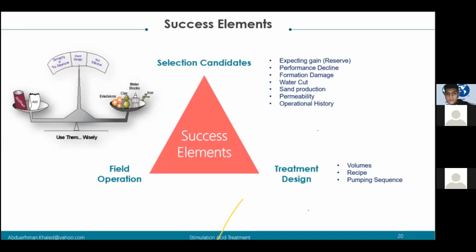Another additive that we use is the corrosion inhibitor intensifier. In some cases where the temperature is really high, higher than 250 Fahrenheit, the corrosion inhibitor by itself is not enough, and it needs assistance from other chemicals to enhance the corrosion performance. So there are different types of corrosion inhibitor intensifiers.